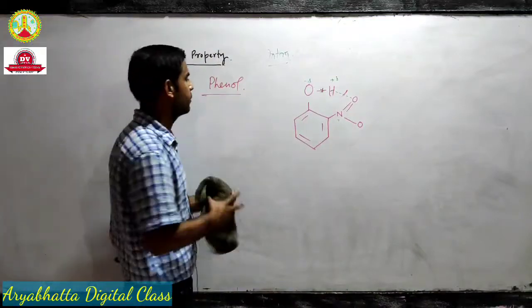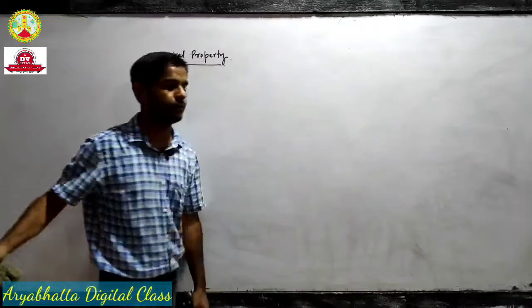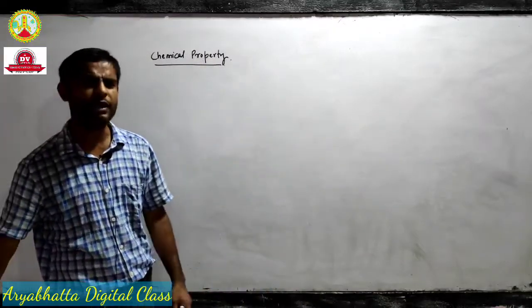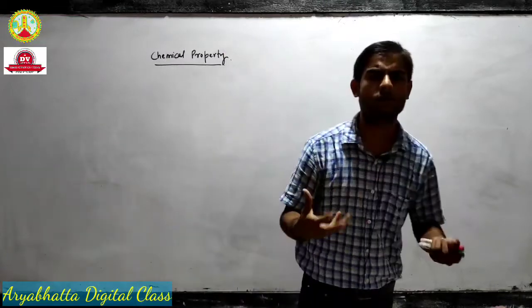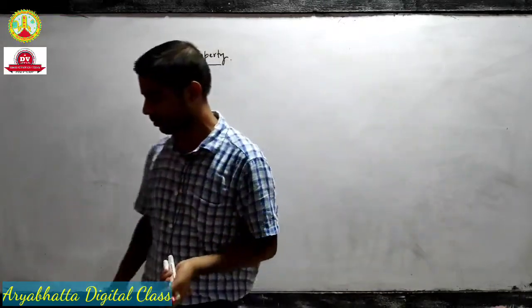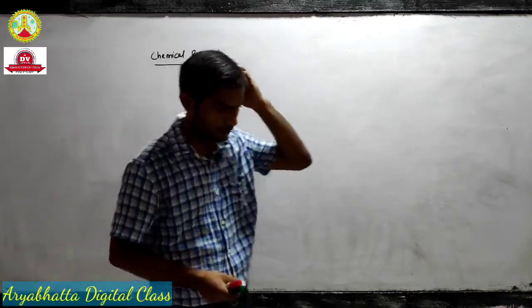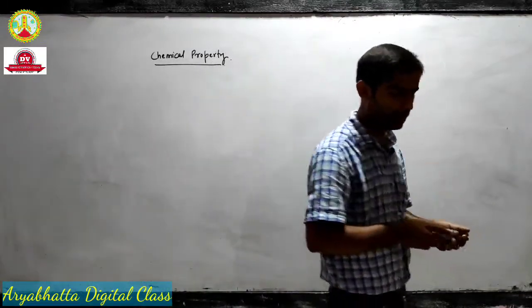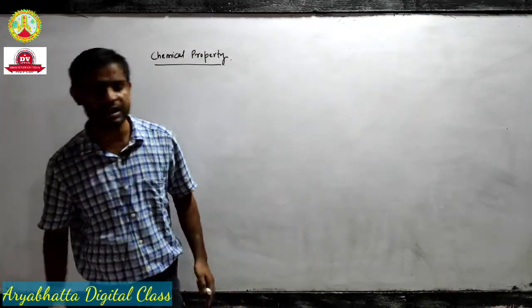Okay, understand? So we have seen electrophilic reactions. Electrophilic reaction, you can try different kinds of reagents. Okay, now we will see a few important reactions, and from phenol we have two very important reactions.